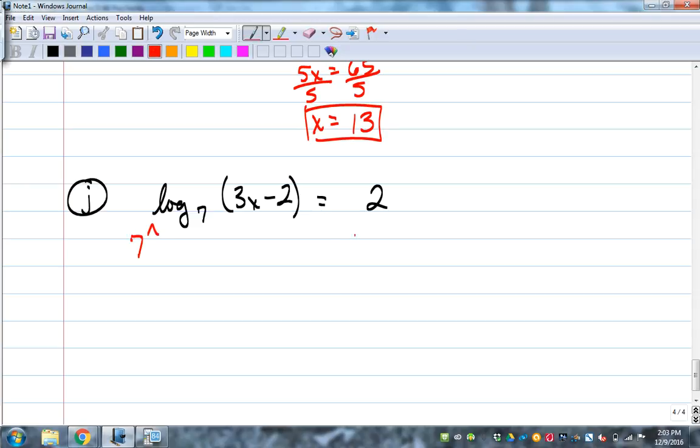Base is 7. And if you think about it, guys, this is just rewriting it from logarithmic form to exponential form, which is what we did the very first day that we did logarithms. The base is here, the exponent's there, what it's equal to is over here. It's just rewriting it, but we're using the math operations to do that.